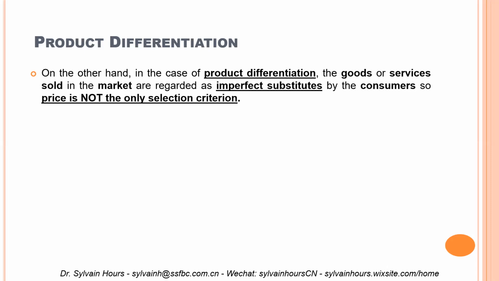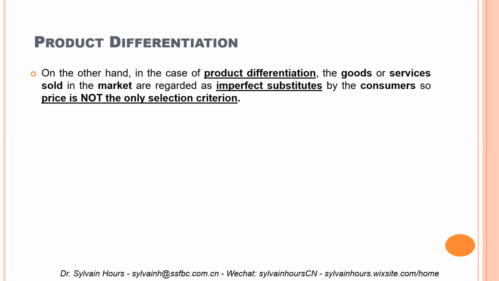So, for example, if I have, let's say, a blue pen and a red pen, it's a stupid example, but okay, it works. So a blue pen and a red pen, these are differentiated products. And let's say that blue is my favorite color. Well, even though the blue pen is more expensive than the red pen, I might be willing to purchase the blue pen simply because I like the color better. Okay?